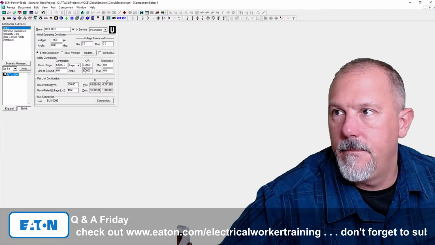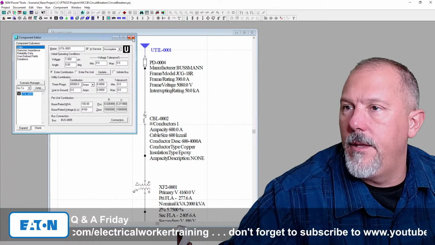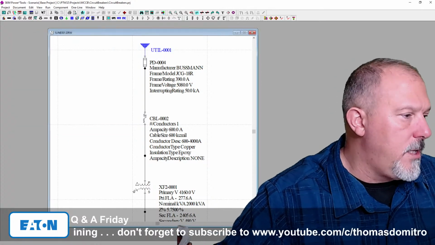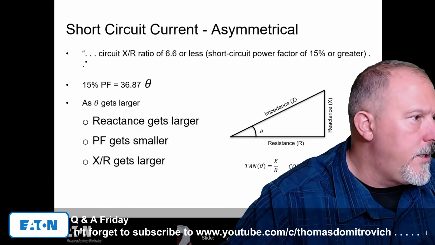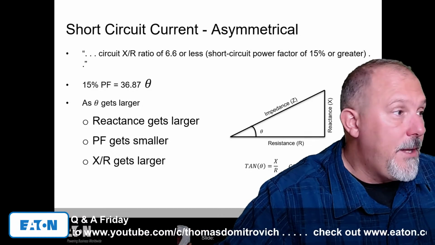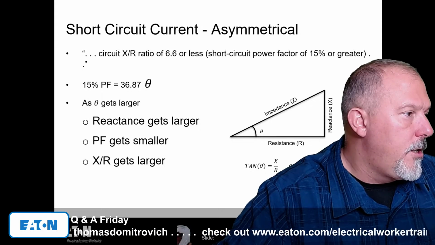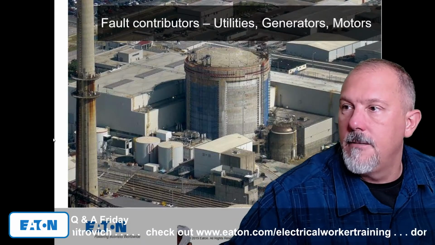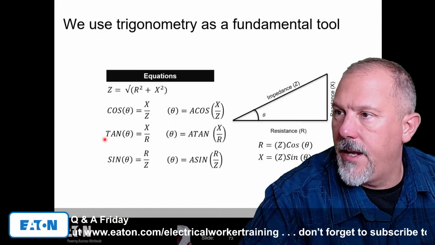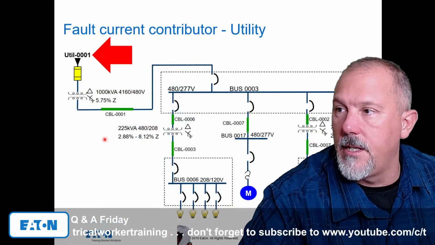I think there was a reference for a typical utility X to R ratio. Hold on. Examples. Let me just look, because in this, generators, utilities. Let's take a look at utilities. There's my power triangle. Okay, utilities. Fault contributor utilities.